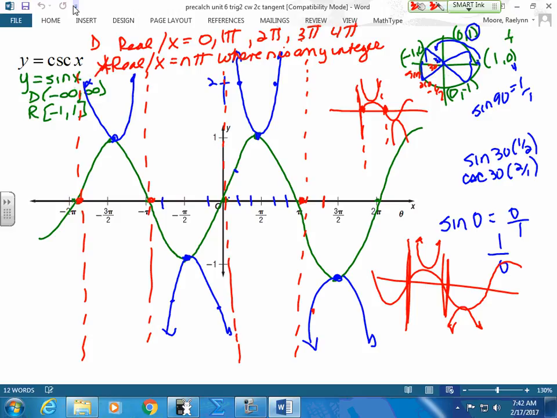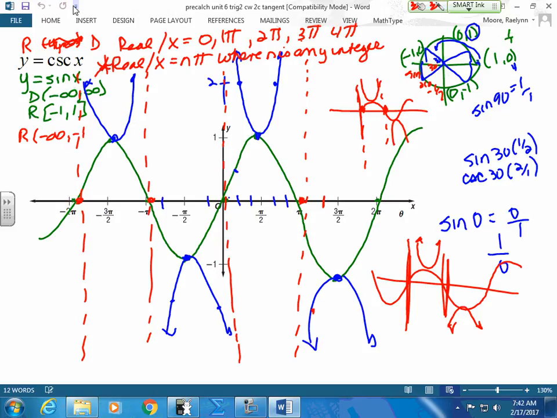My range is also a little different too. What's my range? My range are all my y values. Negative 1 to positive infinity. Is that where you want to go? Negative 1 to positive infinity? Okay, so where else? Okay, so negative infinity to negative 1.